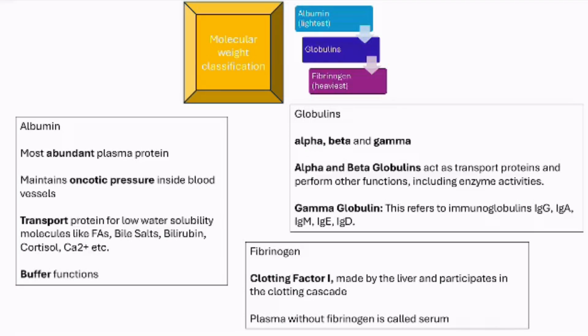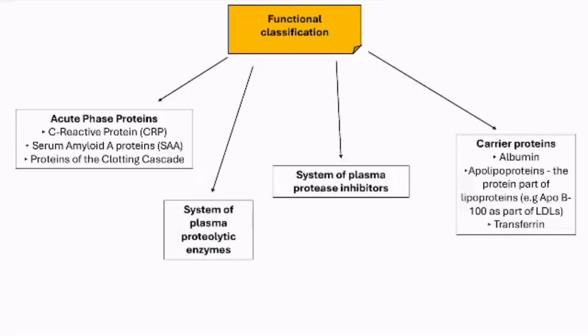And then you have fibrinogen, which is clotting factor number 1. It's made by the liver and it participates in the clotting cascade, and it's polymerized by thrombin into insoluble fibrin, which of course helps with clotting. And plasma without fibrinogen is called serum, just something to keep in mind.